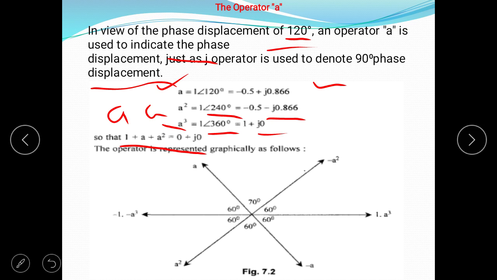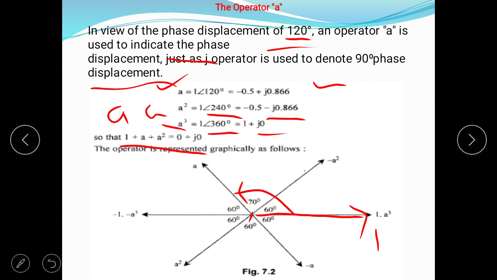So the operator is represented graphically as follows. If we take a reference phase in this direction, its magnitude is 1, and if this phase is multiplied with operator A, then that phase comes to the position of A, or it rotates 120 degree in anti-clockwise direction.